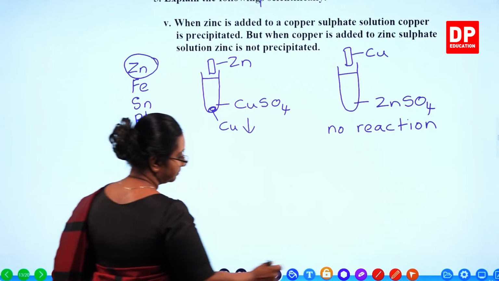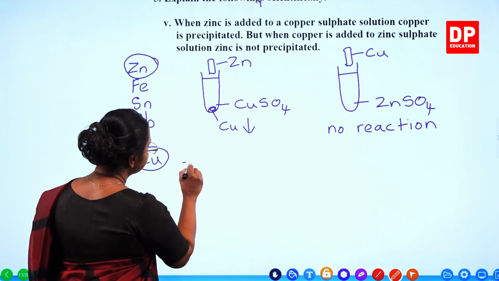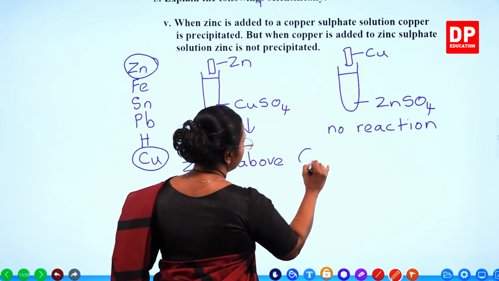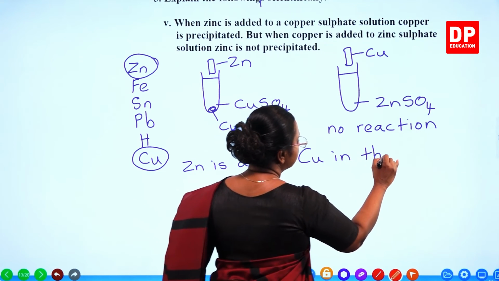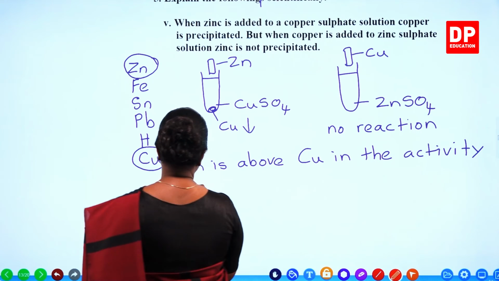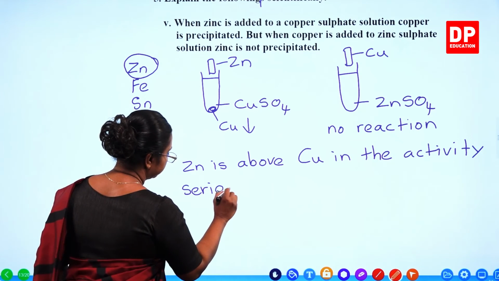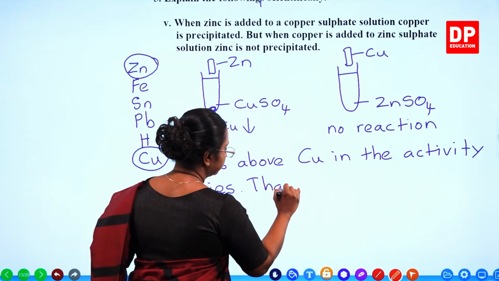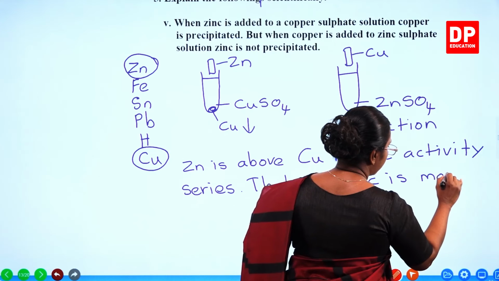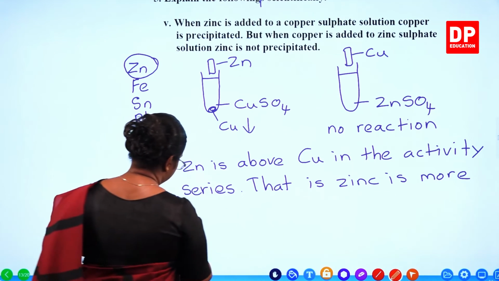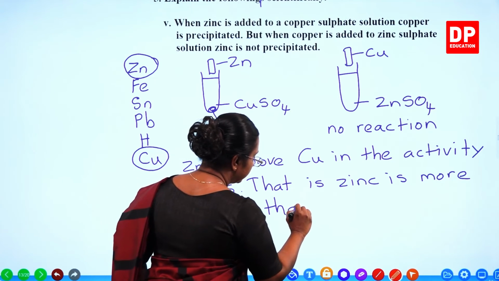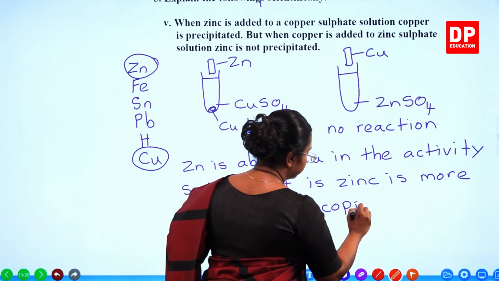So, here, we can say zinc is above copper in the activity series. That is, zinc is more reactive than copper.